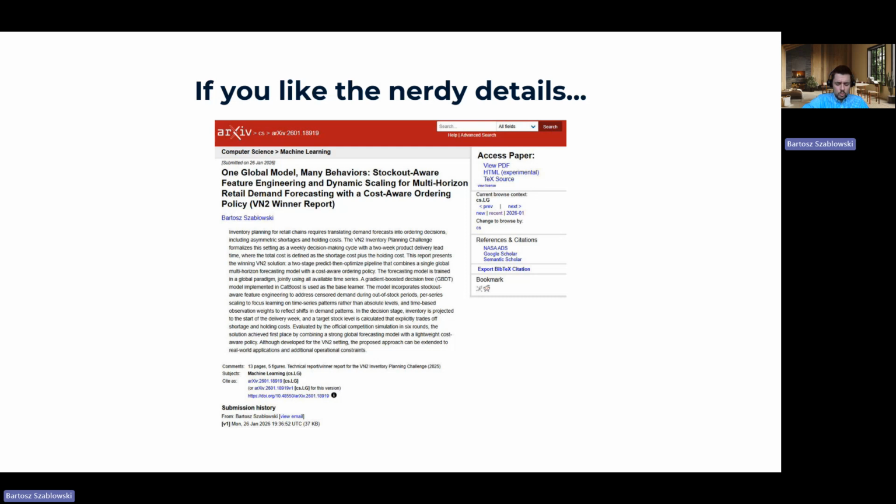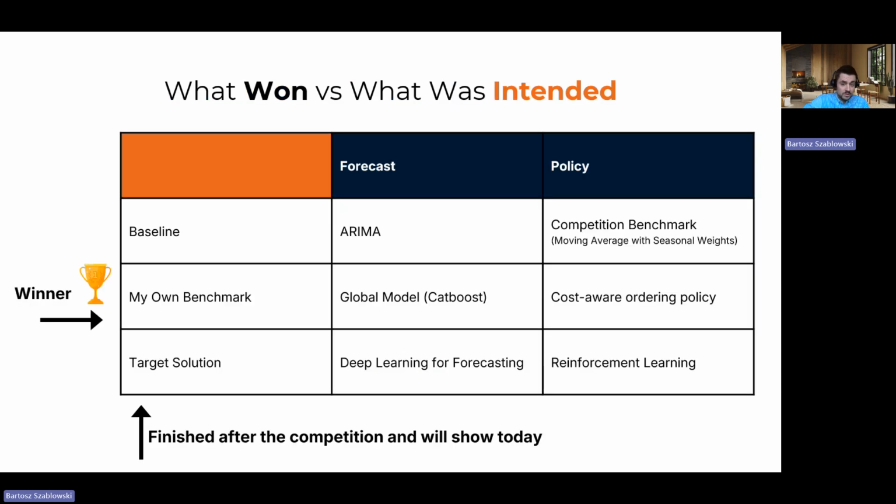Today, however, I'm not going to focus on my winning solution, but if anyone enjoys more technical details, I described the architecture and reasoning behind it in a fuller paper that is available on arXiv.